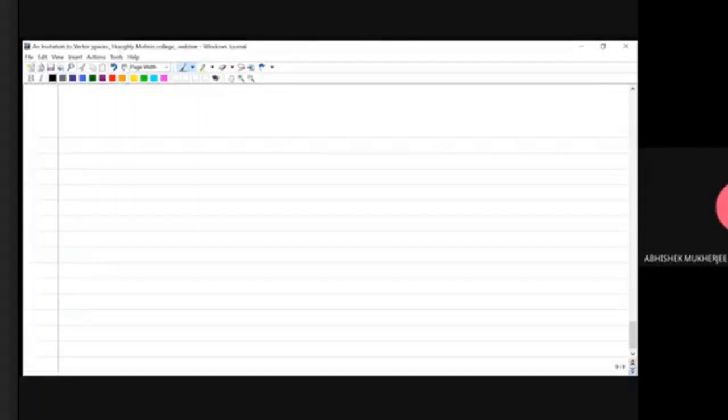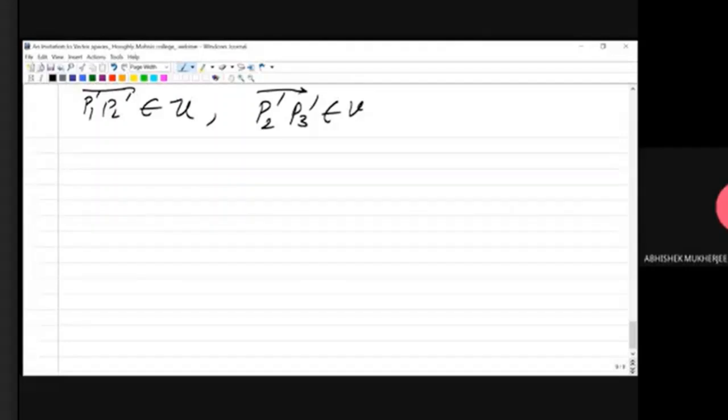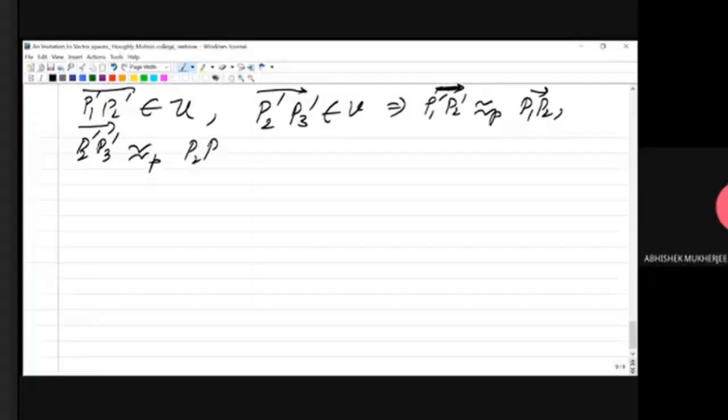Because if you consider another two localizations of the respective vectors U and V, suppose you have the arrow P1 dashed P2 dashed in U, and the arrow P2 dashed P3 dashed in V. Then this arrow is related to the previous one, since they are in the same class, right? And also for the case of V, this is related to the P2 P3 class.